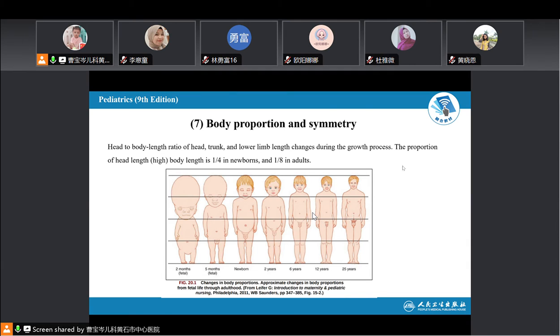The proportion of head length to height is 1 to 4 in newborns and 1 to 8 in adults. We can see the fetus at about 2 months: the head is about half the length.